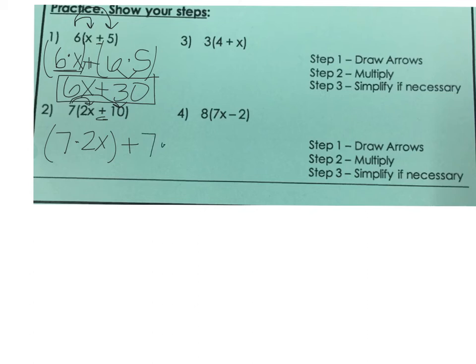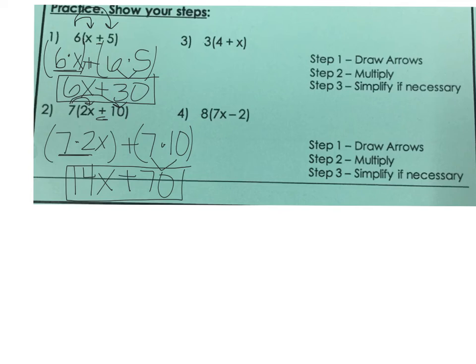So 7 times 10. Okay, we're going to go ahead and multiply if we can. I know that 7 times 2 is 14, so now I have 14x plus 7 times 10 is 70. Neither of these are like terms, so we have it in simplest form already, so 14x plus 70.